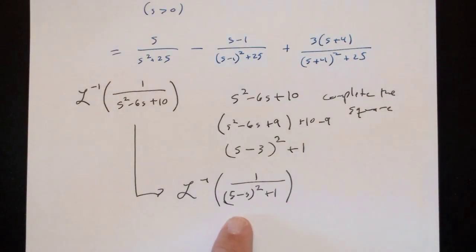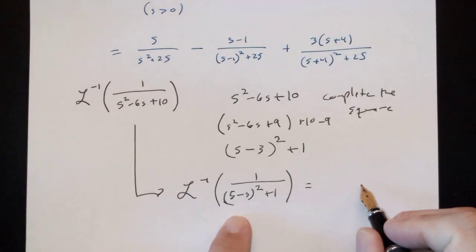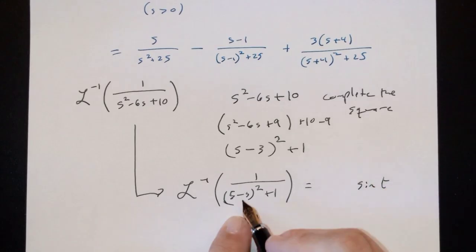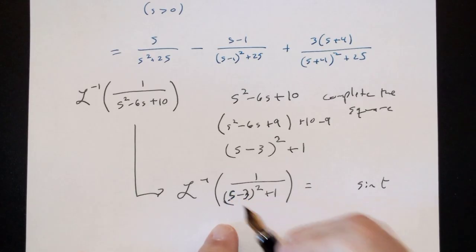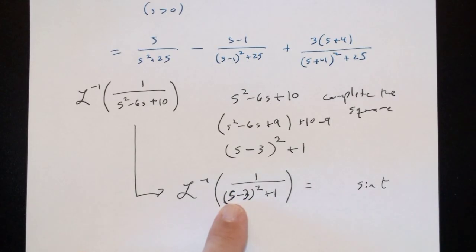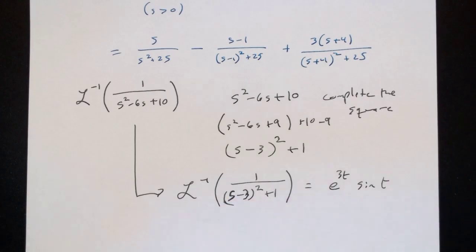But that means it's a sine, right? And this 1 here means it's sine of t. What's this mean? Exactly. Which again gets me around doing undetermined coefficients with the sine and the cosine and the e both in there. I didn't have to do anything.